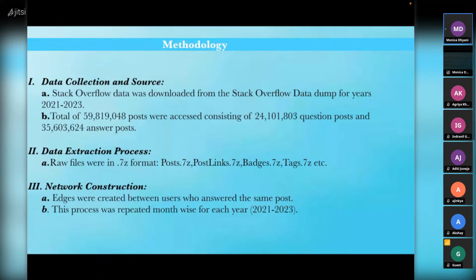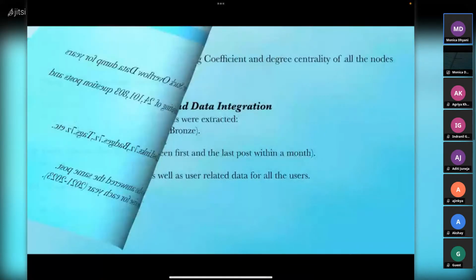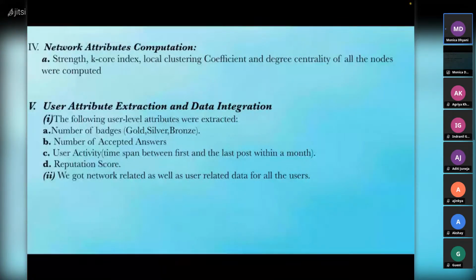The data in raw form was in .7z format, and it was extracted into .xml format. After that, the network was constructed, and degrees and network metrics were computed for all months from 2021 to 2022. Then these were updated in single GML files. Separately, those files were maintained.